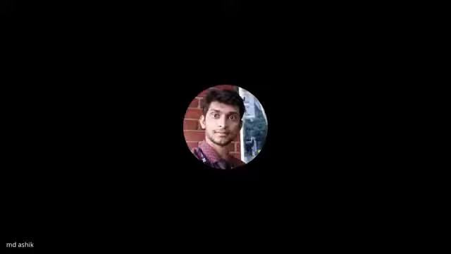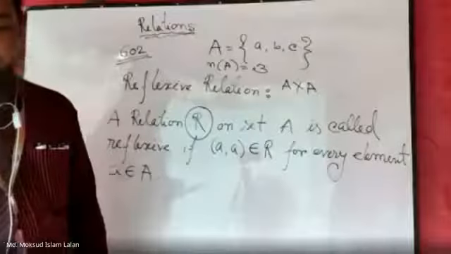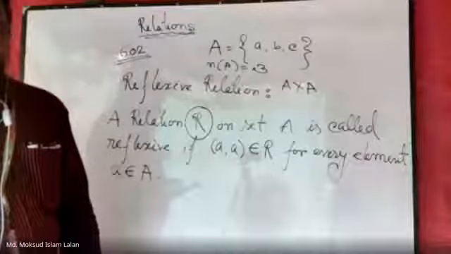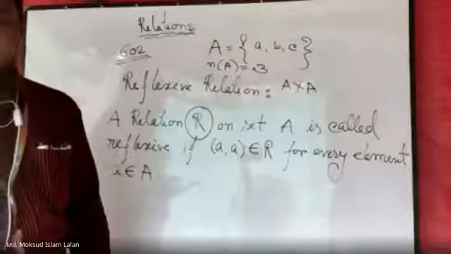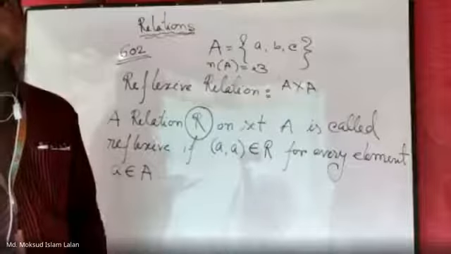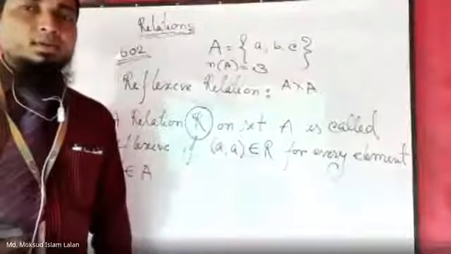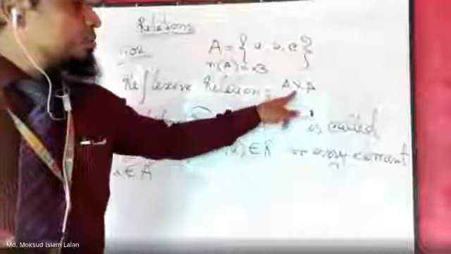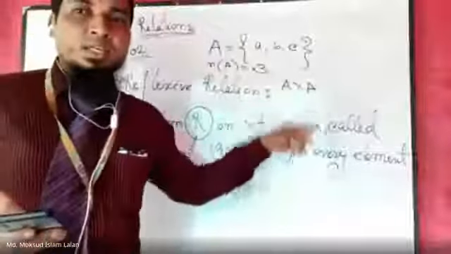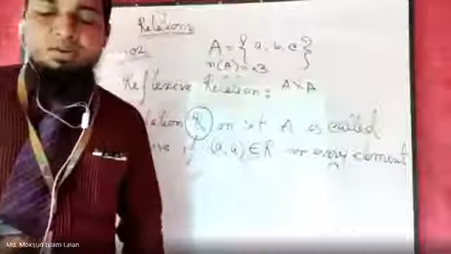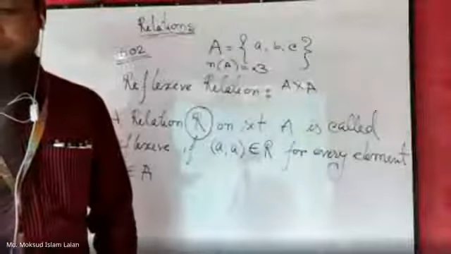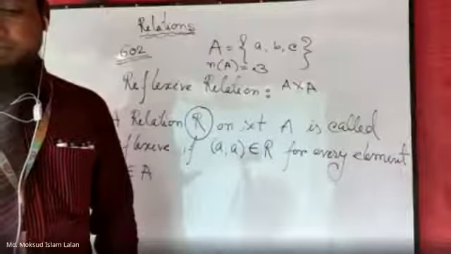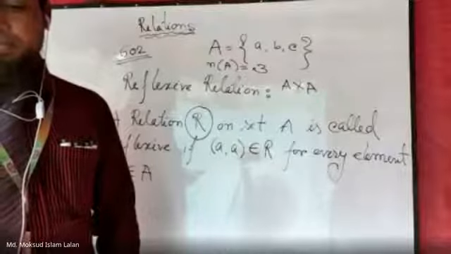Sir, A cross A. How can you say two? How many subsets will be in A cross A? Sir, maybe 9.